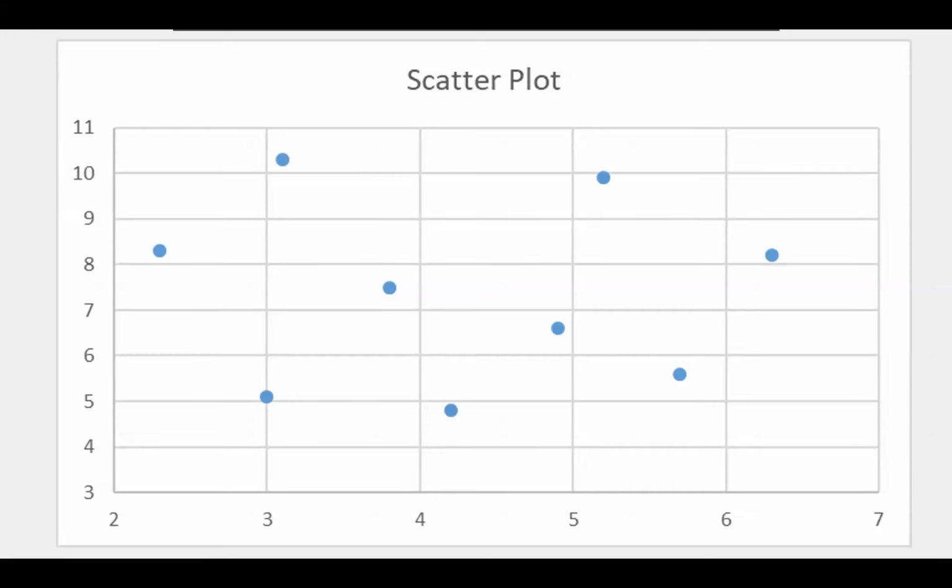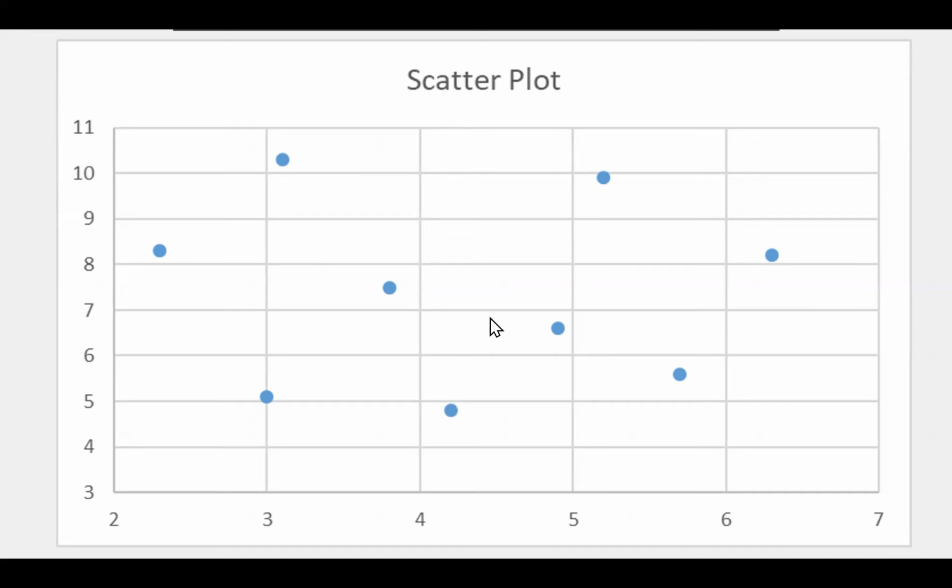Let's look at another scatter plot. Here's another scatter plot. These points are all over. Kind of looks like they're all engulfed inside of an oval shape, but it doesn't look like a really nice straight line through these points.